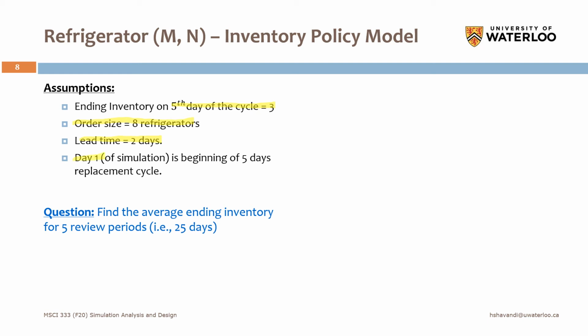And day 1 here, I mean, time 0 will be the beginning of day 1, right? Day 1 of the new cycle of 5 days, okay? So the question here: find the average ending inventory for 5 review periods or 25 days. So here we're not going to optimize the order size and the value for the review period, the number of days that we are going to review the inventory and place an order.